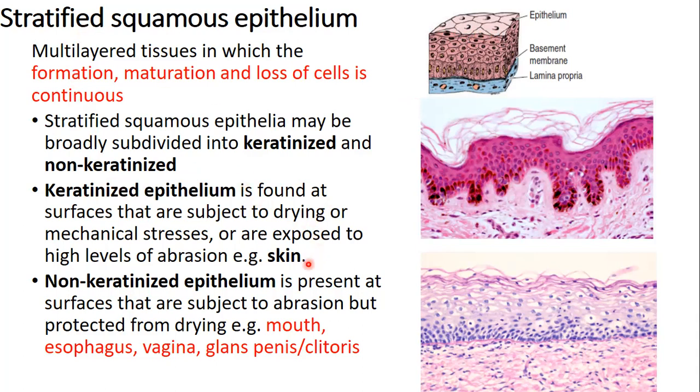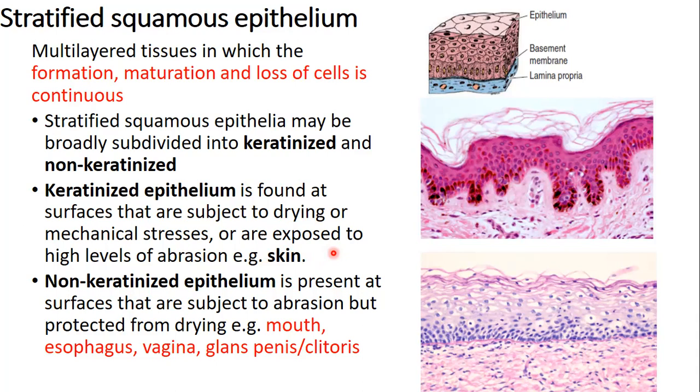An example of where it can be found is the skin. So the skin is stratified squamous epithelium. And that's why on the skin, we find other keratinized tissues. For example, the nails. The nails is keratin. Hair is keratin. Okay. What about non-keratinized stratified squamous epithelium?